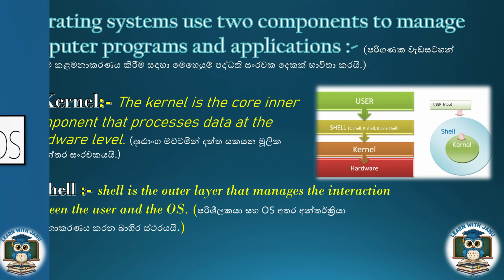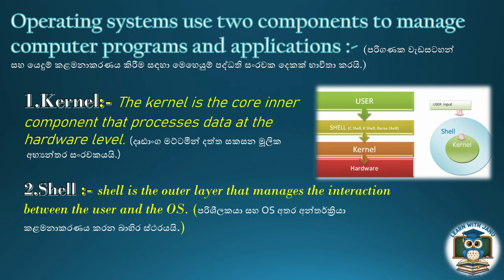So let's see the components that are used by the operating system to manage computer programs and applications. These are two components. The first one is kernel and the second one is shell. So let's see what are those.